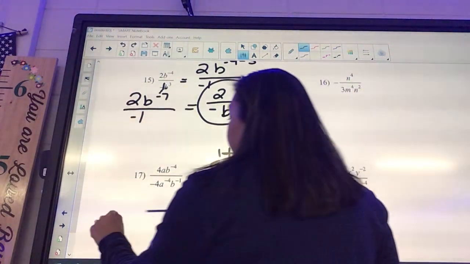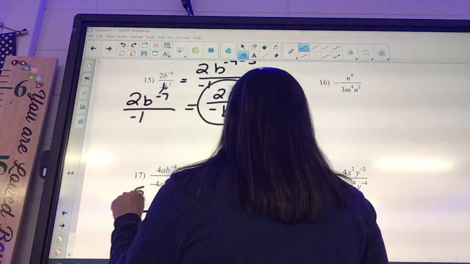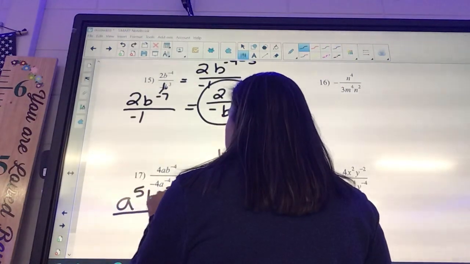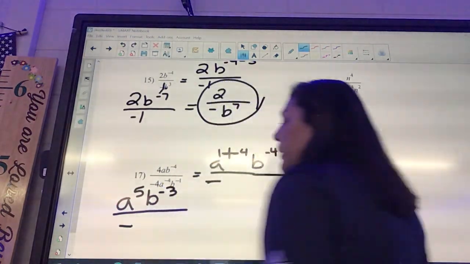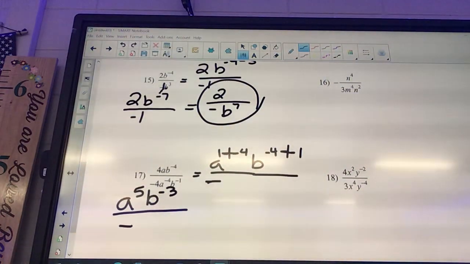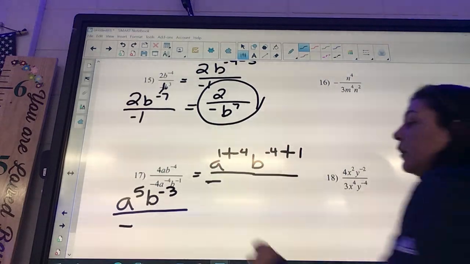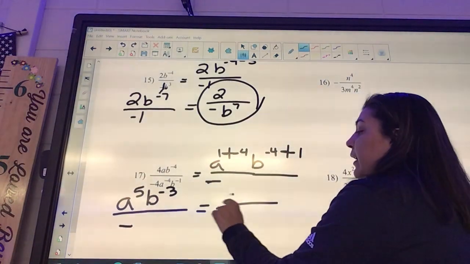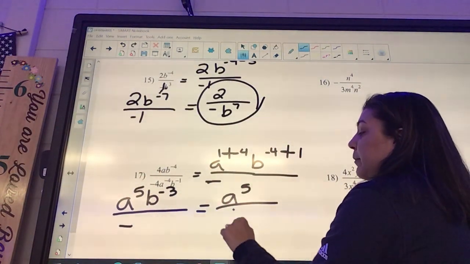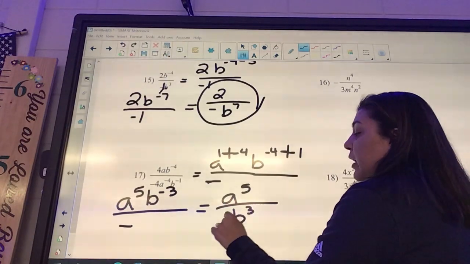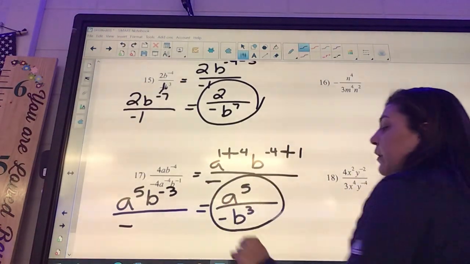Okay, so you're really going to have a to the 5, b to the negative 3, and we still got this negative on the bottom. Okay, the a to the 5 is going to stay where it's at. B to the 3 is going to go to the bottom, and we still have this negative.